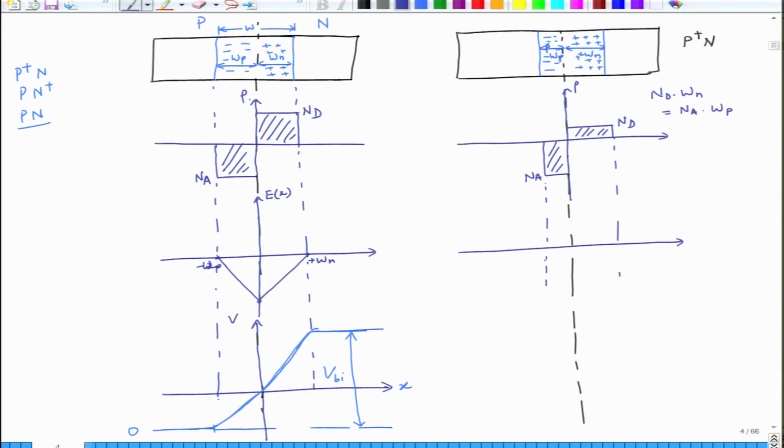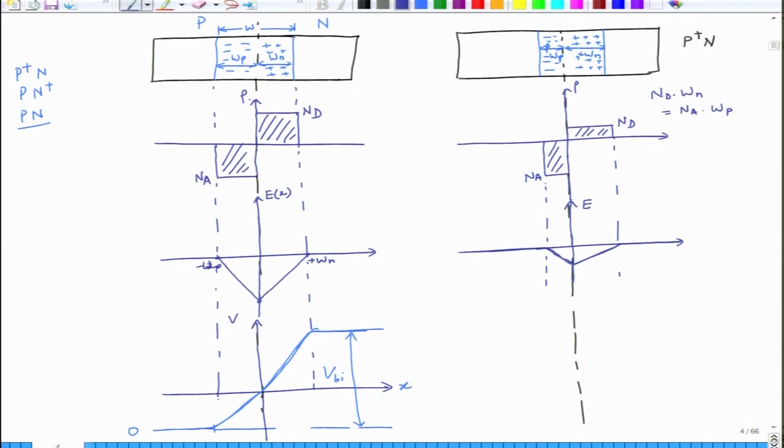the electric field goes like this, it is continuous. This is what I can say is the electric field.